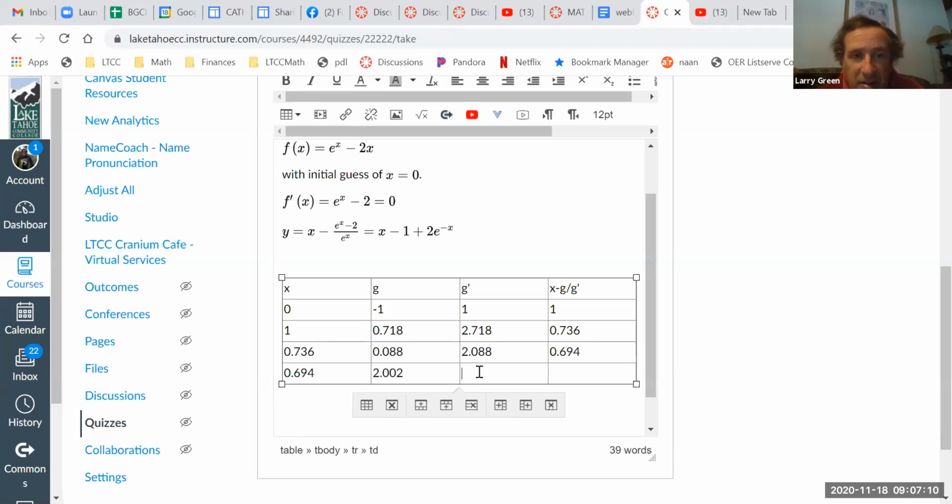And then our g prime. Oh, sorry, we forgot to subtract the 2. So it's e to that minus 2. So the good news is we can just drop the 2. And if you don't have the minus 2, then it has a 2. 2.002. Any questions on that?